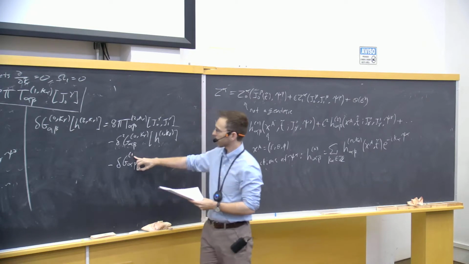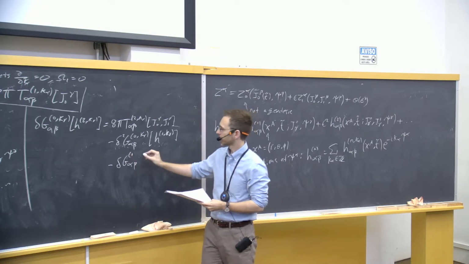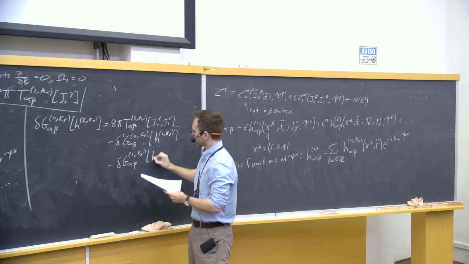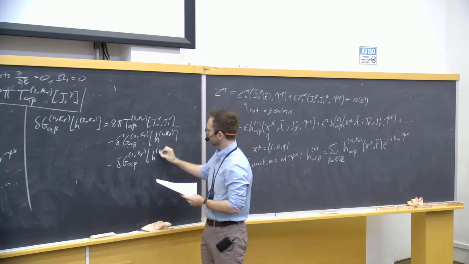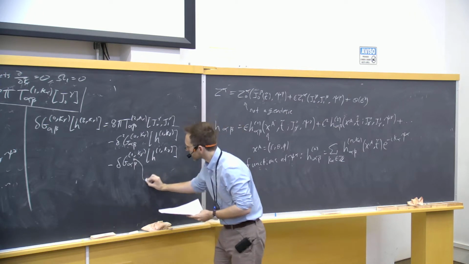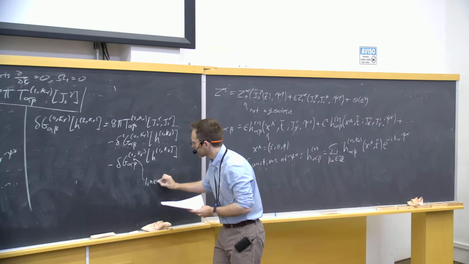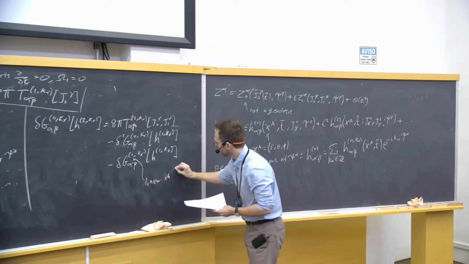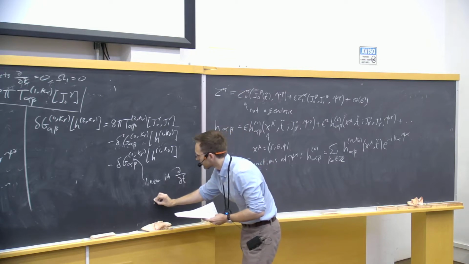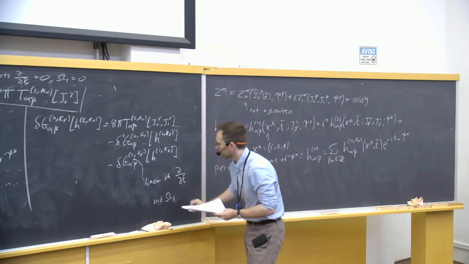So I'm going to put a 1 there, meaning just that. And this is again constructed from the first order amplitudes. So this means linear in slow time derivative and omega 1.